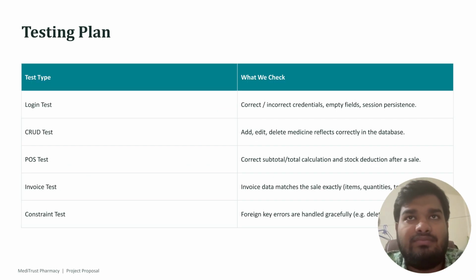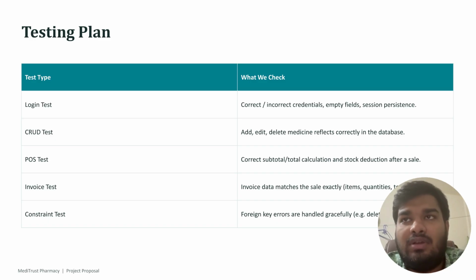Testing plan: the test type and what we check. Login test: correct and incorrect credentials, empty fields, session persistence. CRUD test: add, edit, delete medicine reflects correctly in the database.